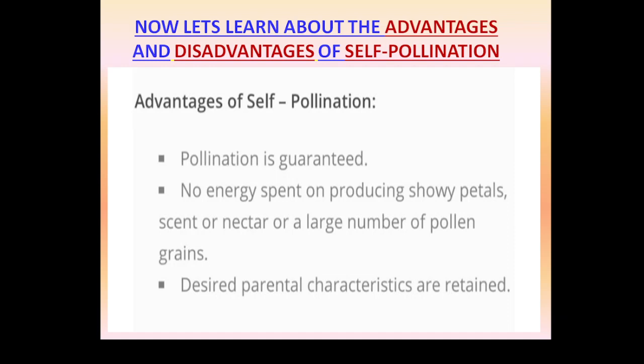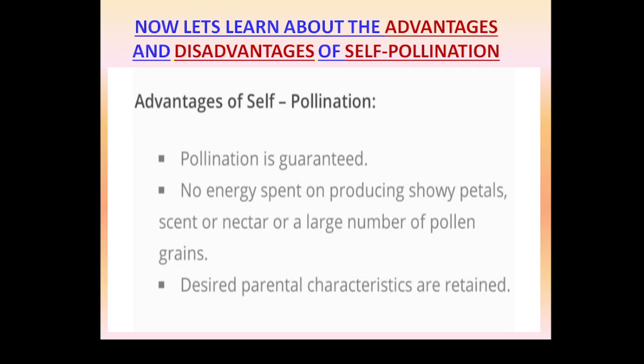Pollination is 100% guaranteed. No wastage of pollen grains. A large number of pollen grains need not be produced, because the more colorful and attractive it needs to be, the more energy is needed for that. That is why no energy, or very little energy, is spent.